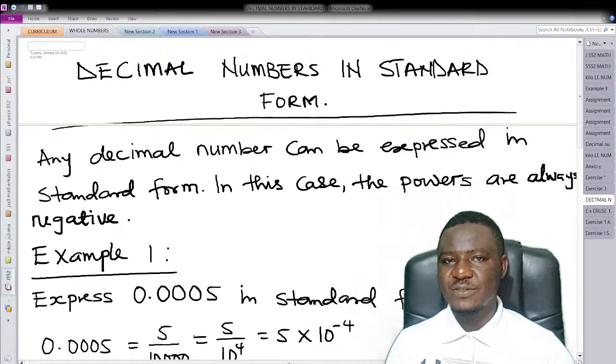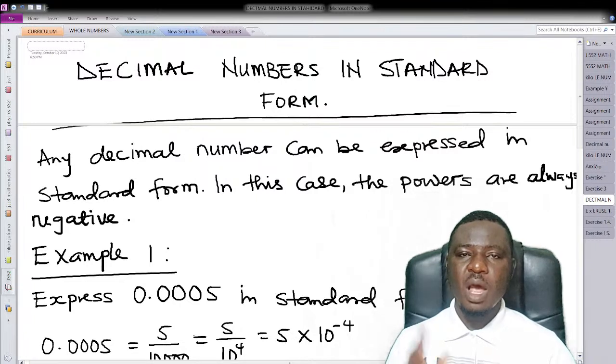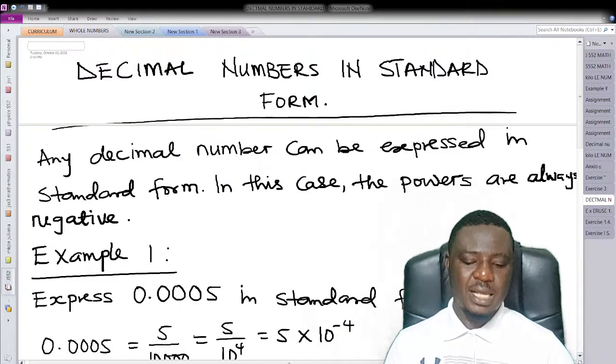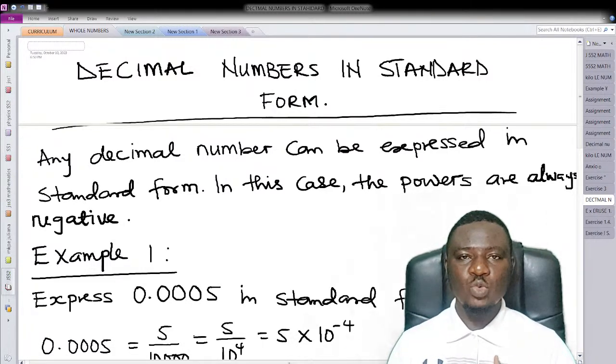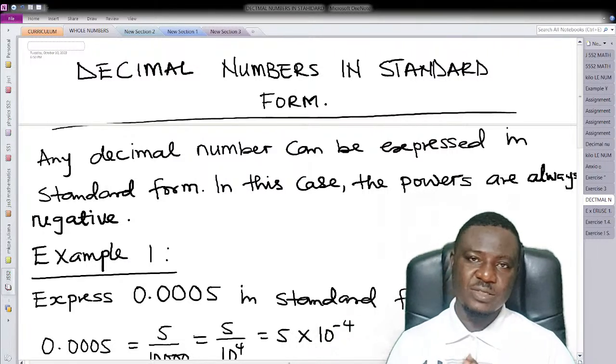At the previous class, we looked at whole numbers in standard form, how you can express whole numbers in standard form, and from standard form back to ordinary form. That was what we did at the two previous classes.